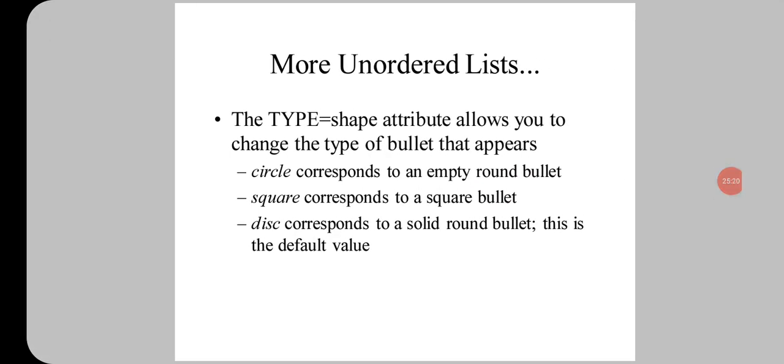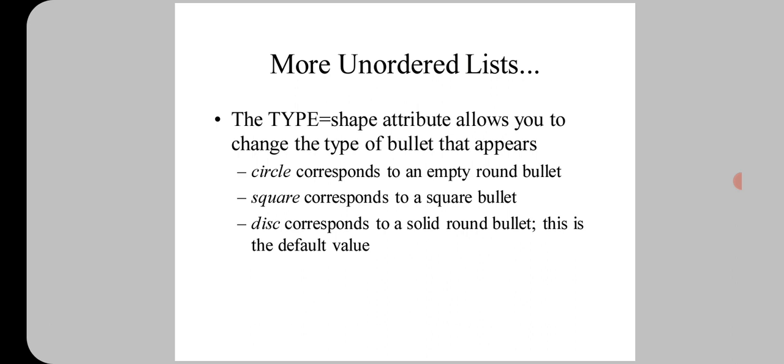Next, in this slide we explain more options and parameters available with unordered lists. The type parameter is used with unordered lists also.